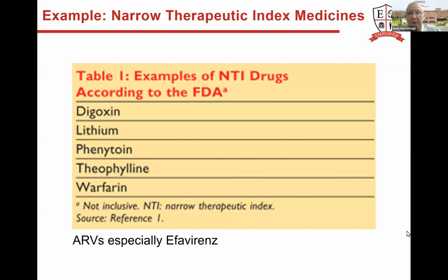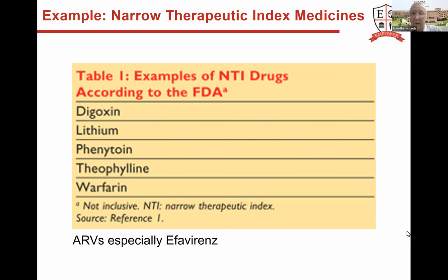So here is a table of the narrow therapeutic index drugs. And what that means is these drugs have to have exactly the correct dosage. Just a little bit off and it's going to hurt the patient. So there's not many items on that list, just digoxin and phenytoin and warfarin on the list there. That's the first list.